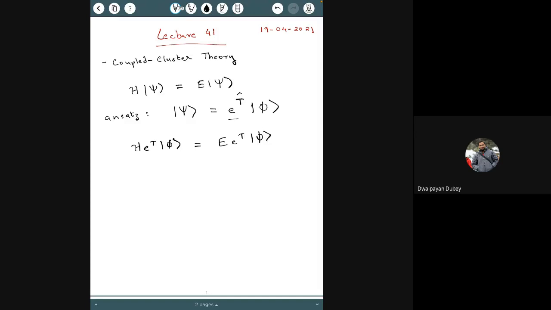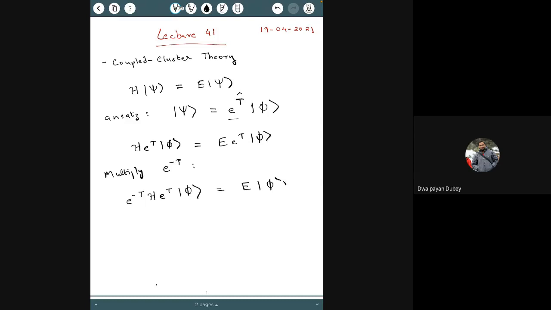And then this is the starting point for my coupled cluster theory. So what we do is we multiply with e to the power minus T, which basically shifts all the operators to the left hand side of the equation, and we have the energy on the right hand side.